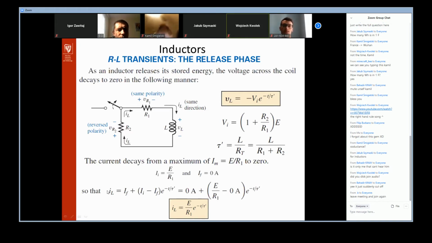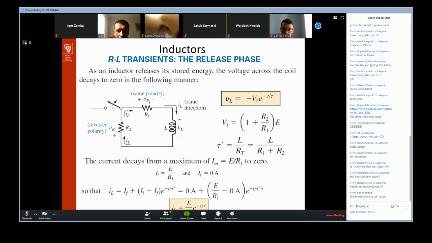At this moment we can use this universal formula, because we know that in the closed loop, for the steady state, the final current will be equal to zero. Because in fact we don't have any voltage or current source here. So if the final current IF is equal to 0 amperes, we just replace the IF by zero, and the current IL is given by that formula: the initial value multiplied by e to the minus t over tau prime.